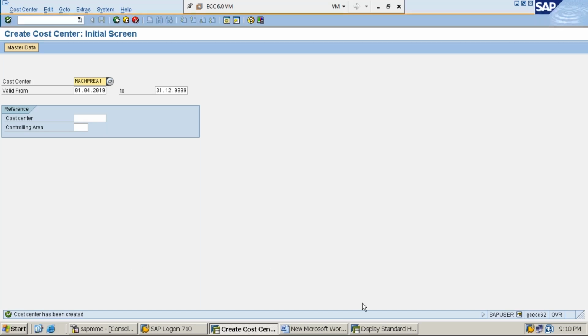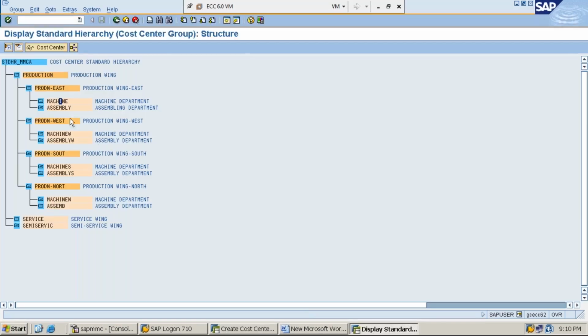See, Manisha, in which head we have maintained? In production, in east, under production in east, under east in machine group, right? But there is no cost center appearing under this. It should appear under this, no? Why is it not appearing though we have created it?